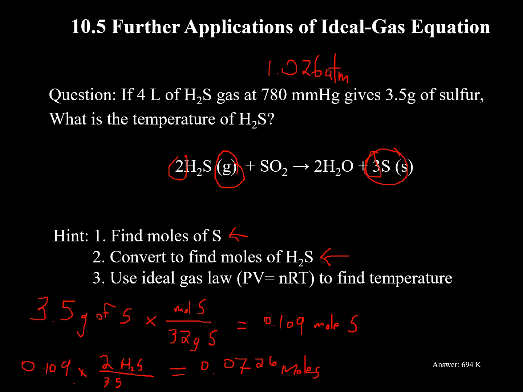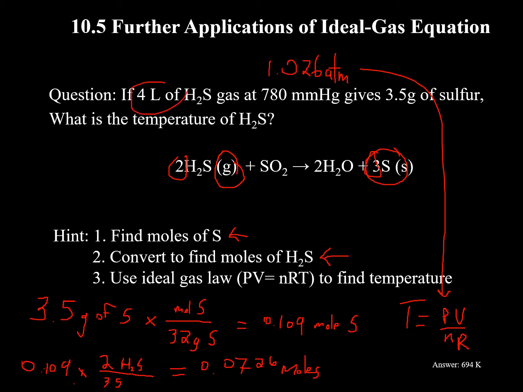And next we're asked to find the temperature. So we use PV equals nRT. T equals PV divided by nR. We know the variables. We know P is right here, 1.026.